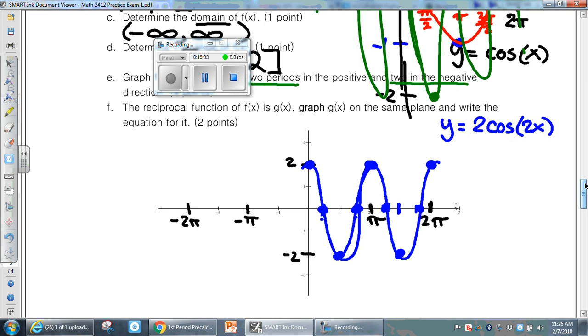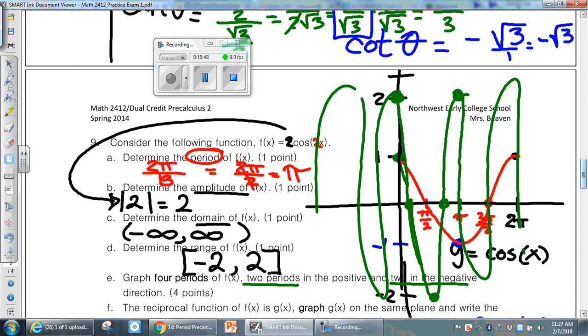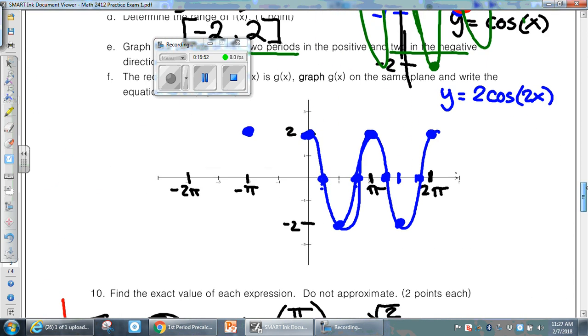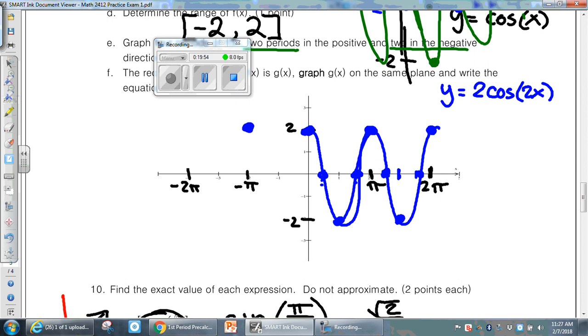Yes, are we good? And then we're going to do the same thing on the negative x-axis. So right here, max, and then at -pi we have another max. Because we established from the beginning the period was pi. And then what happens right in between?